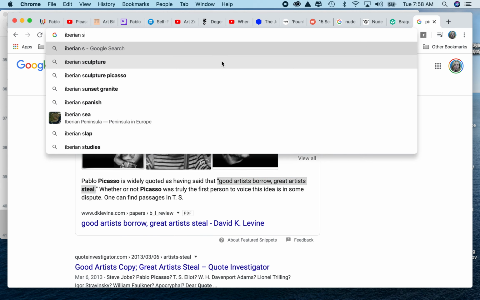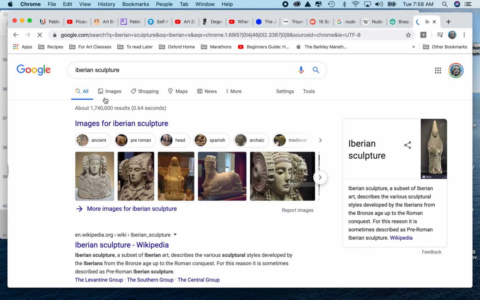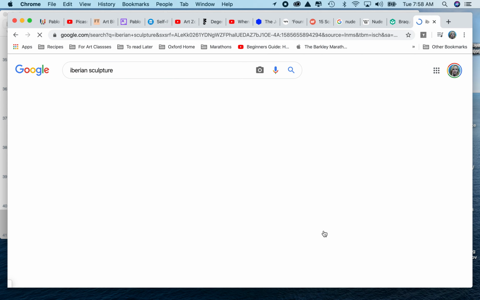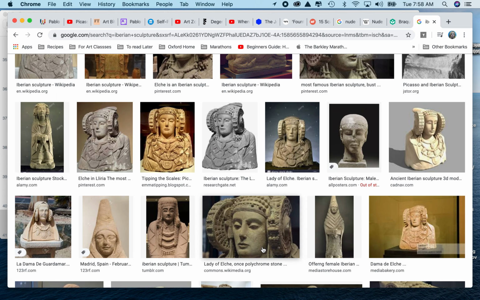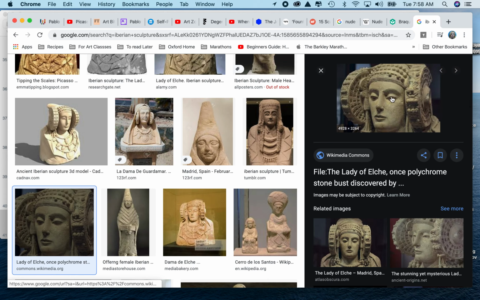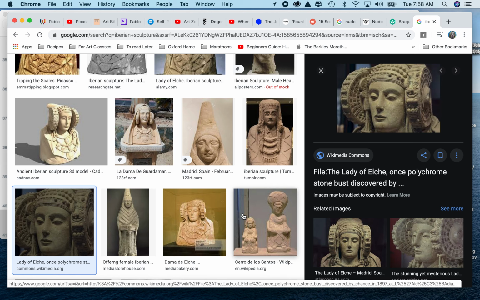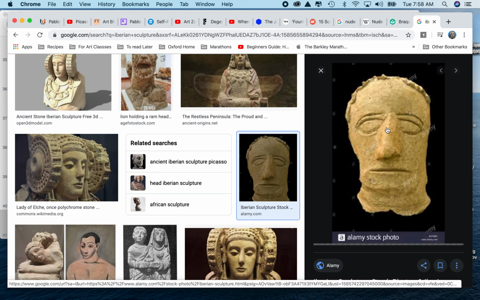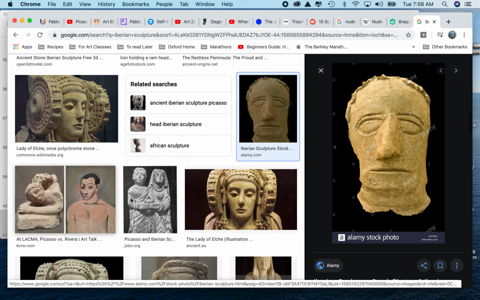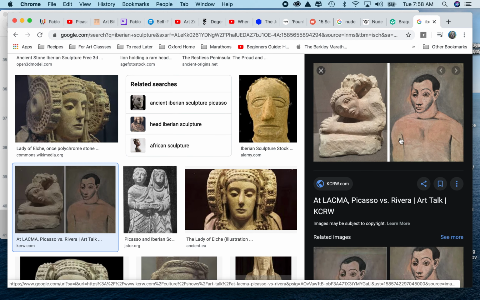Iberian sculpture. If we look at what Iberian sculptures look like, these are from an ancient civilization, right? So what Picasso did wasn't new. What he figured out was, hey, I'm going to look at these older cultures and see that they simplified faces, right?